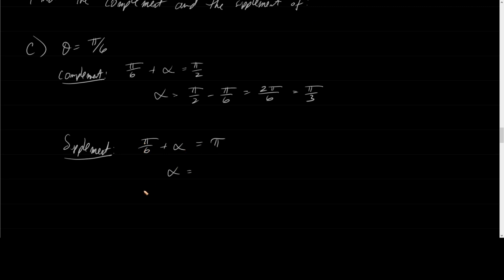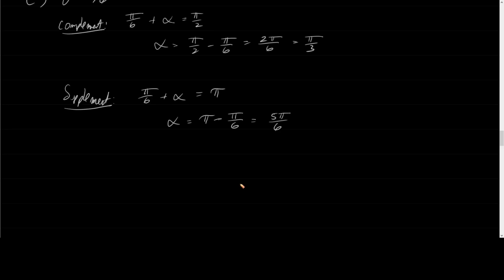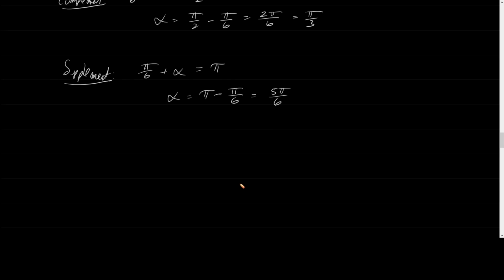So that angle alpha would be just pi minus pi over 6. But pi is the same thing as 6 pi over 6. So I end up here with simply 5 pi over 6. So the supplement of pi over 6 is 5 pi over 6. All right. Now, let's do another example.